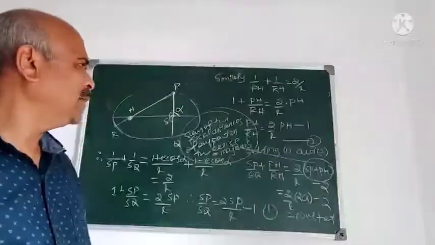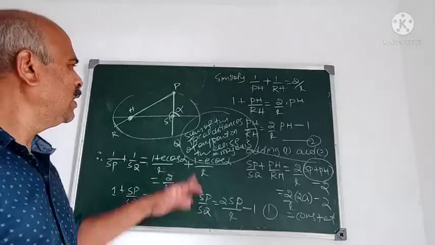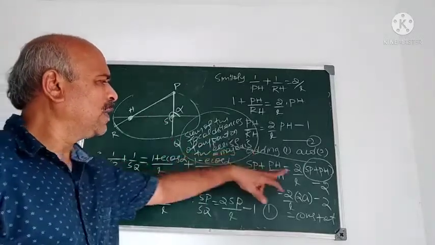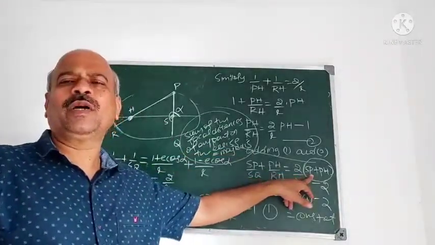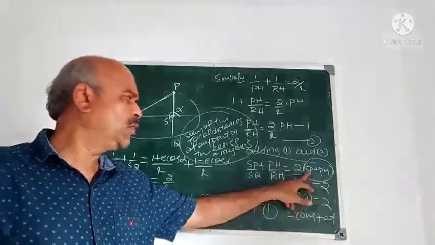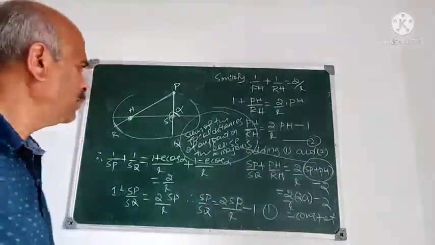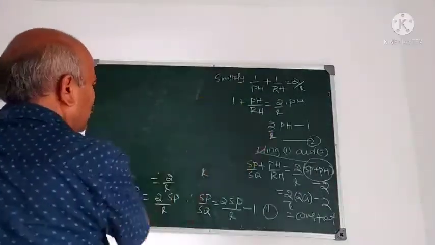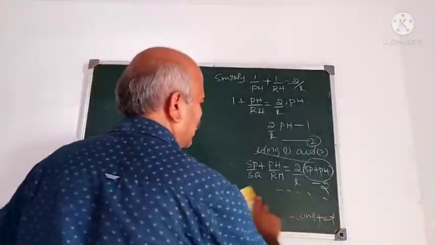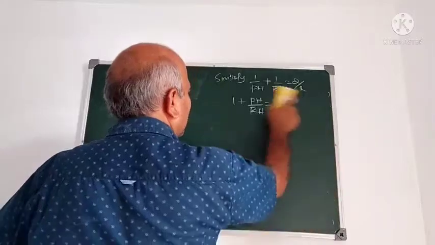Major axis of the ellipse is equal to 2A. Similarly, in case of hyperbola, the difference between the focal distances of any point, SP minus PH, becomes the length of the transverse axis. So in the problem we have used this result here: SP plus PH is 2A.